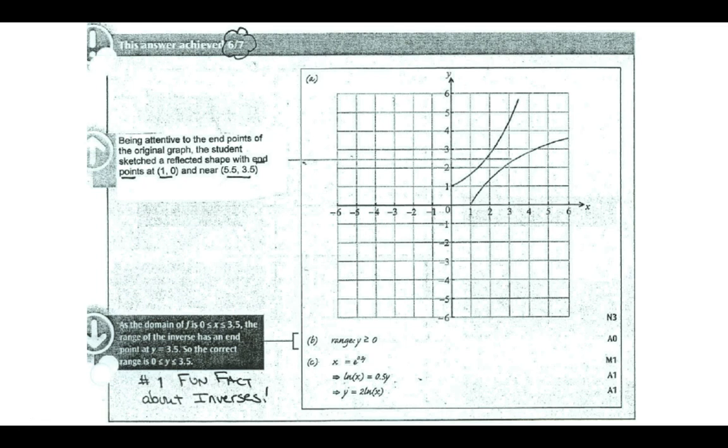So being attentive to the endpoints, right? So they've got the correct endpoints sketched. They got all 3 of those points in the shape. Their range, awesome. They showed the work. Let's see. What happened here? They, ln of x.